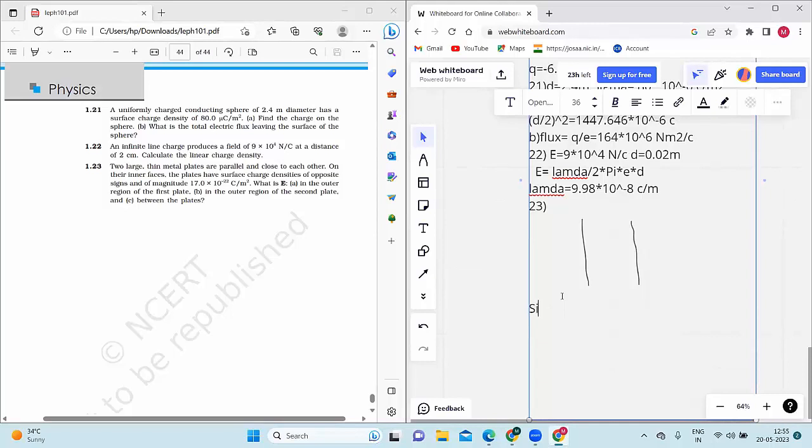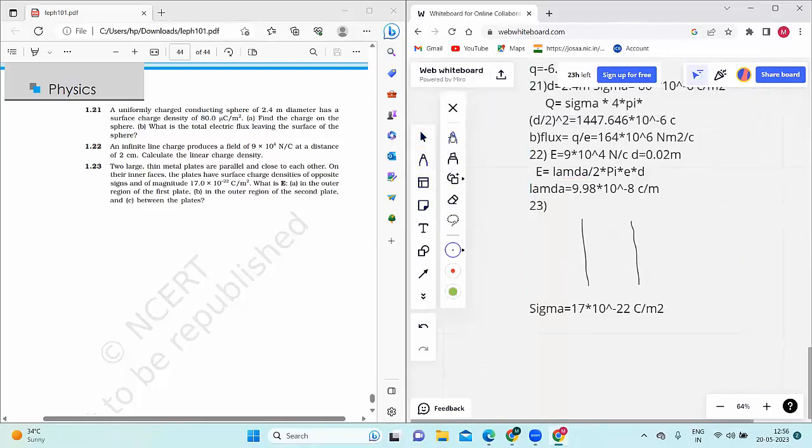Let's take sigma as the surface charge density, sigma equal to 17 into 10 power minus 22 coulomb per meter square. So one plate has plus sigma and the other has minus sigma.